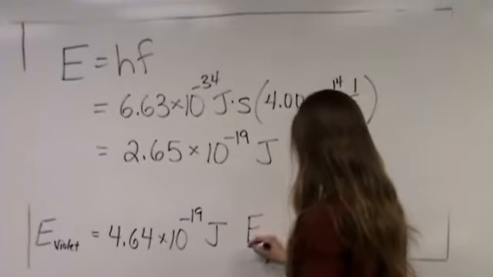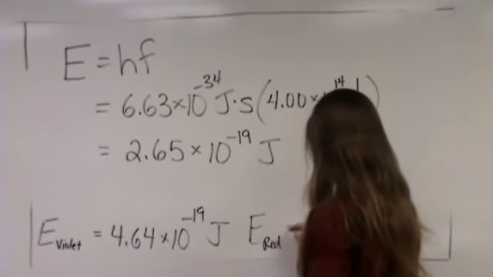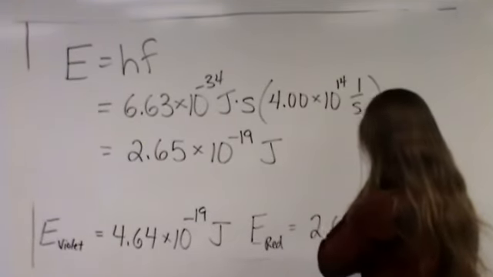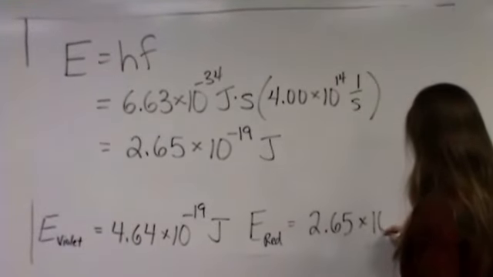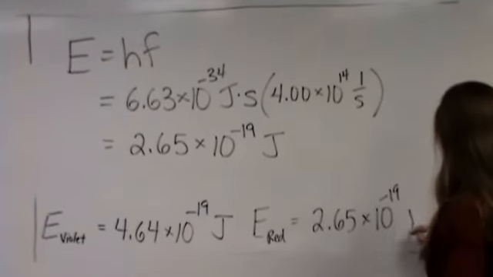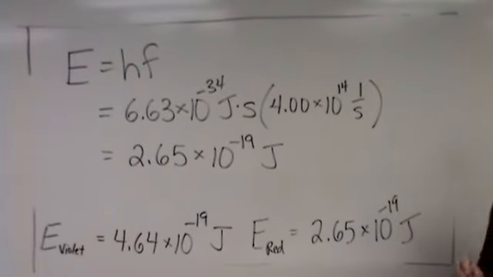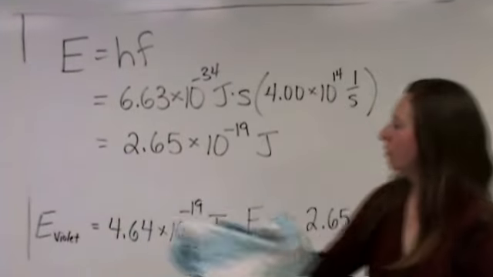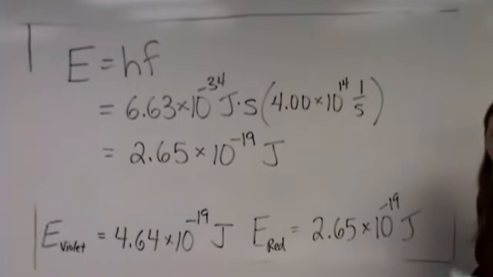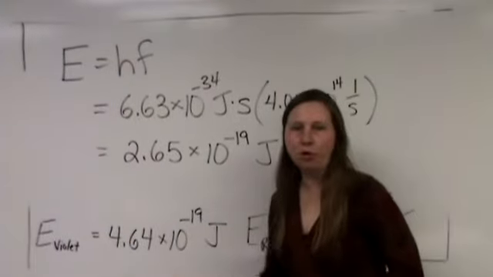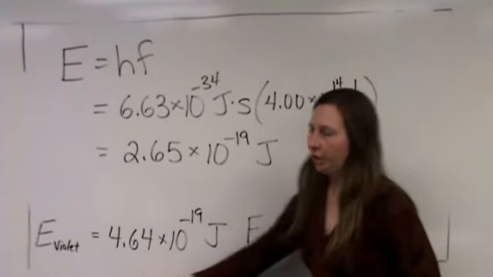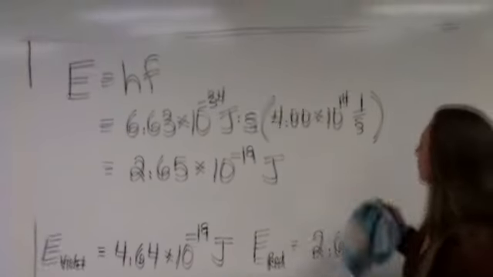So, energy red equals 2.65 times 10 to the negative 19 joules. All right? Now, right away, we see that violet photons have more energy than red photons.